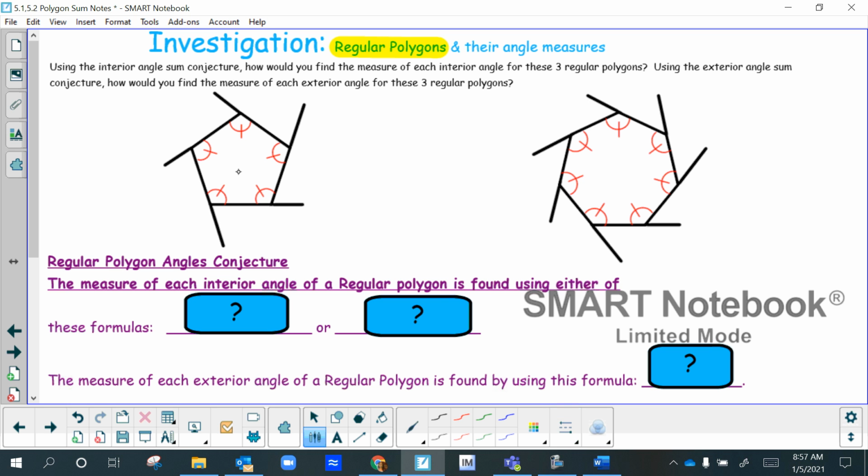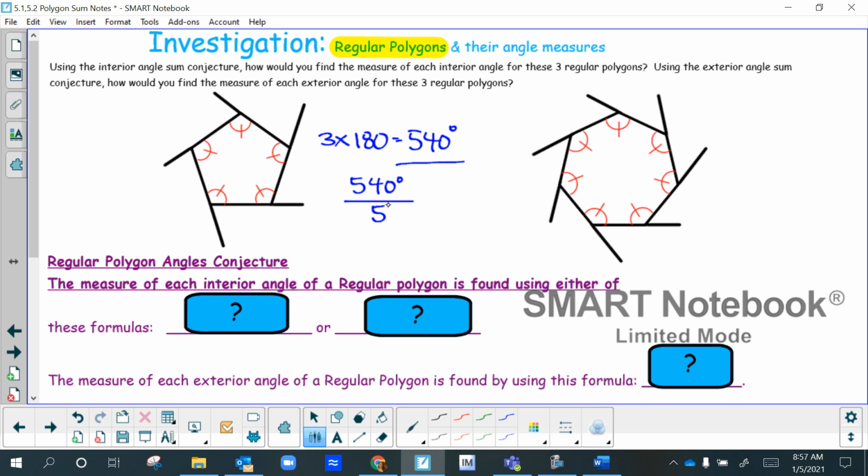Well, if we think about it, remember for the 5-sided polygon, there's 3 triangles in there. So 3 times 180 equals 540, which some of y'all will probably end up memorizing. So to figure out each one, all we have to do is take 540 and divide it by 5 angles.